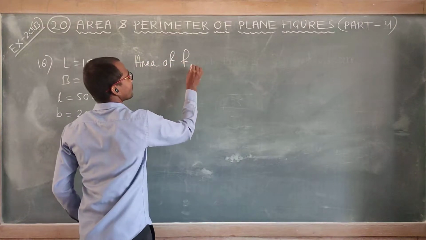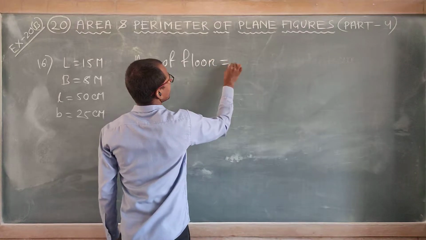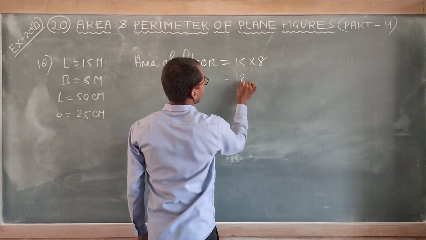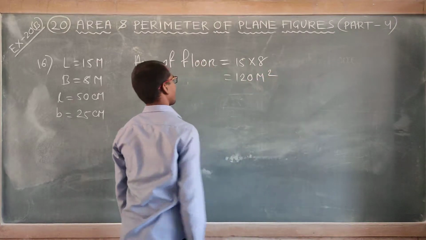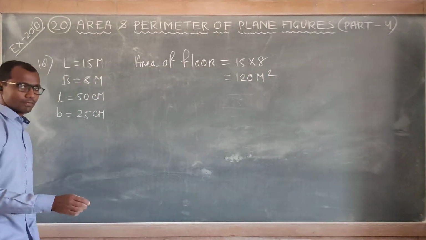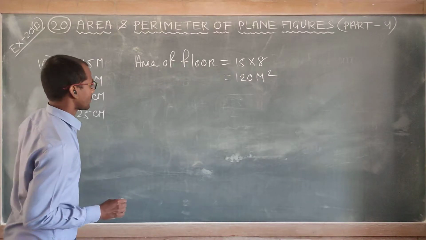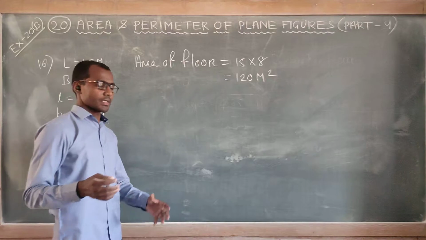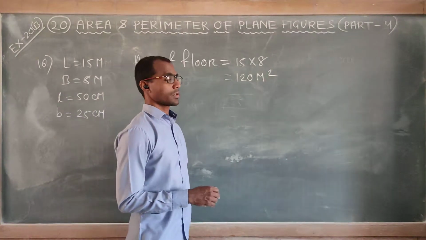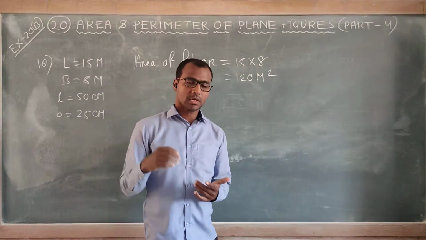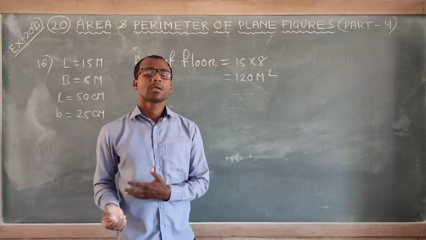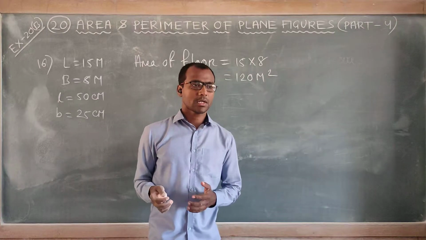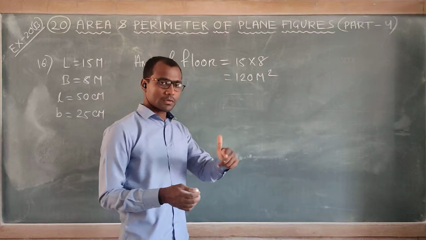Area of floor is equal to 15 into 8, that is 120 square meter. But you can see length and breadth of the tiles are given in cm. So either you have to convert cm into meter or meter into cm. If you convert cm into meter, then you will get fractions. So better you convert meter into cm.